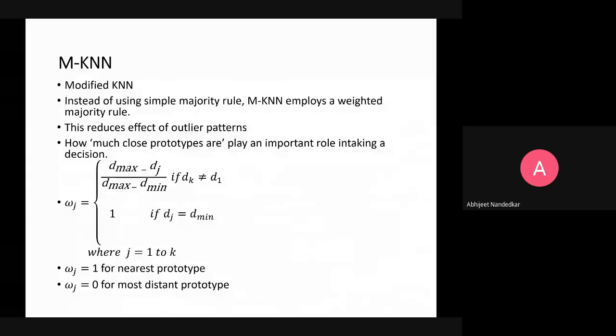Next is called the modified KNN. Instead of using the simple majority rule, modified KNN employs a weighted majority rule. This reduces the effect of outlier patterns. How close the prototypes are plays an important role. I will tell you how it is implemented.